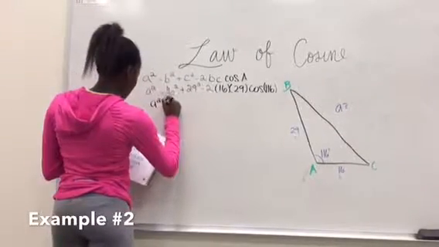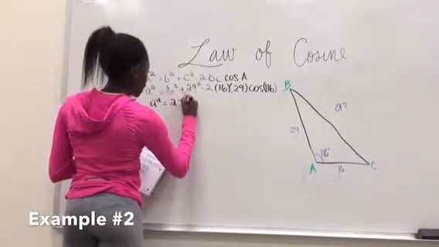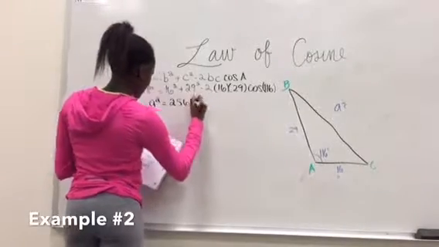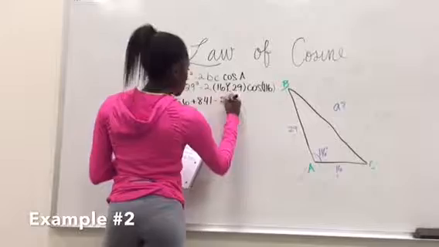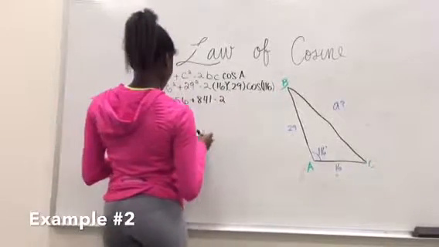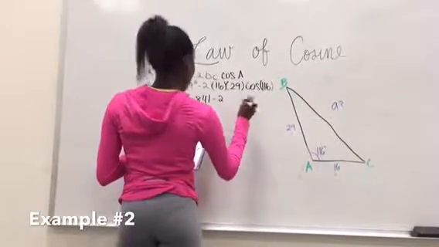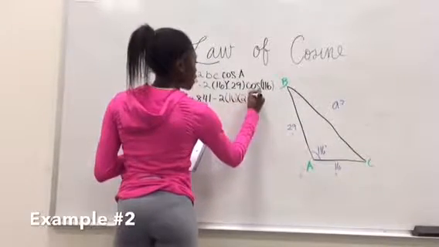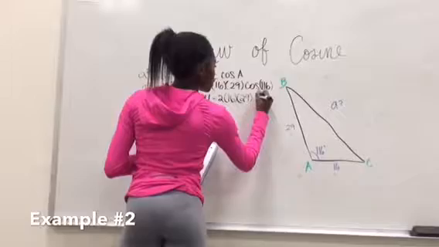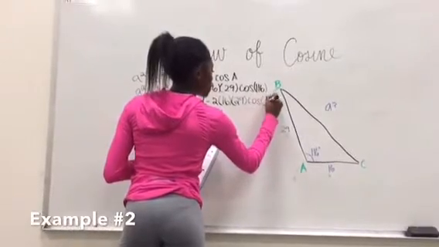A squared equals 256 plus 841 minus 2 times 16 times 29 times the cosine of 116.